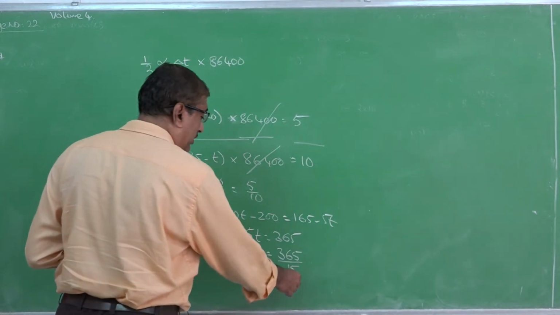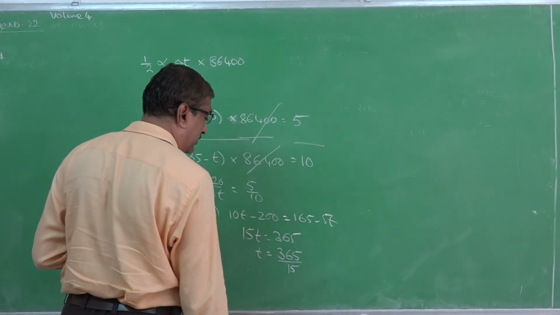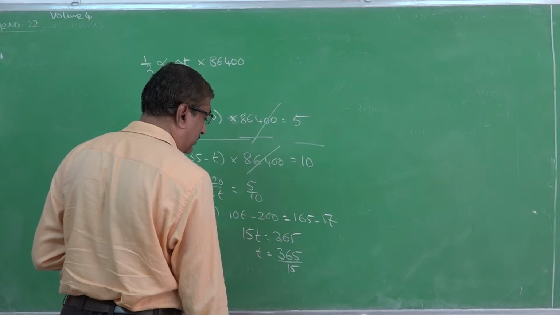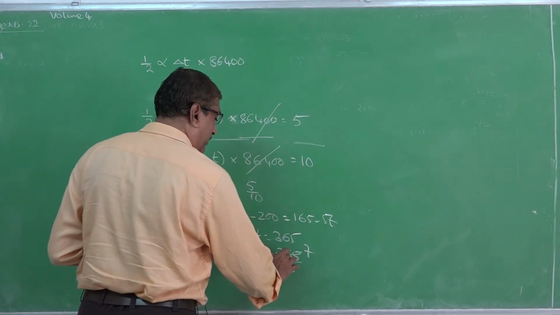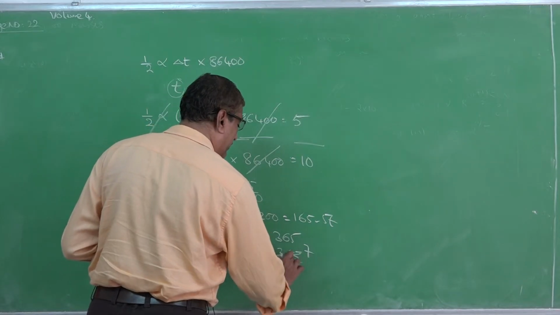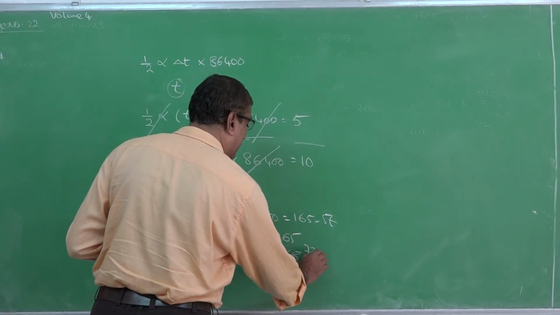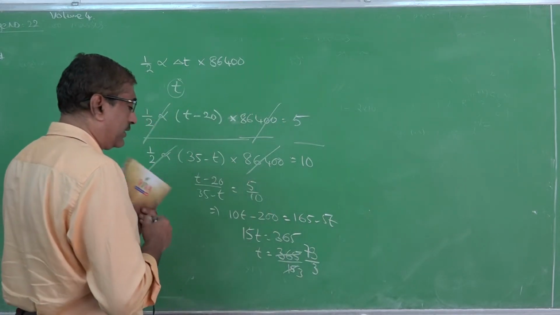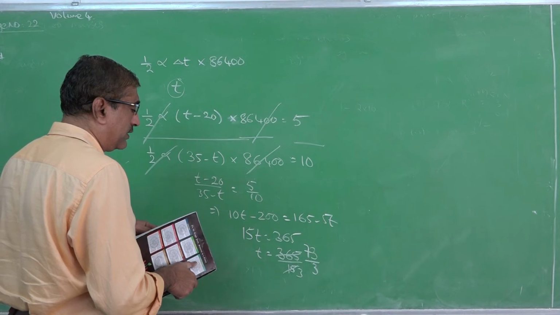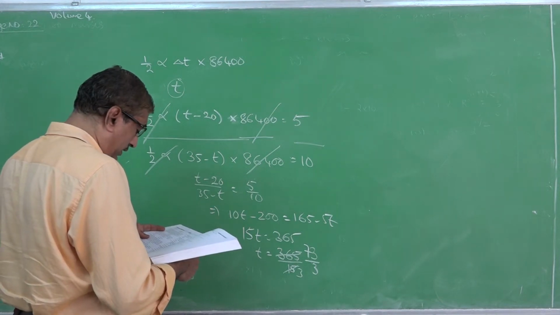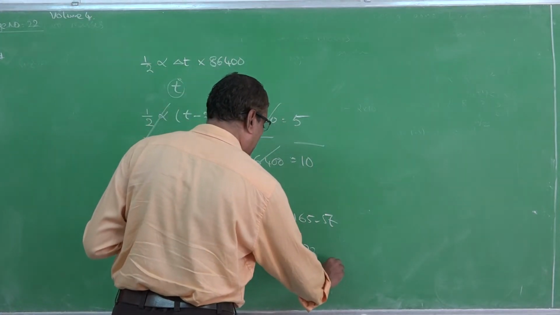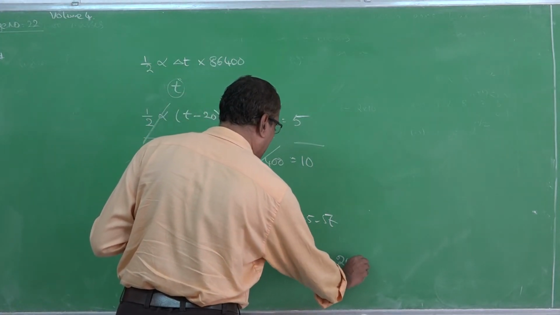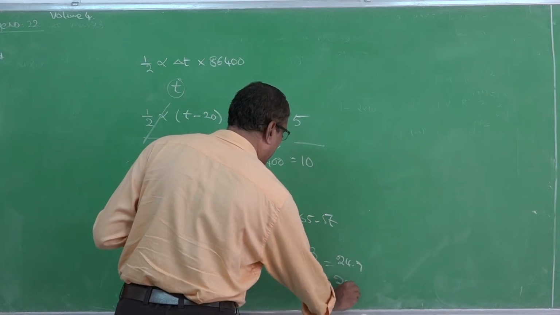Cancel out with 5: 75 by 3, that is 25. This is approximately 24 point something, means approximately 25 degrees centigrade.